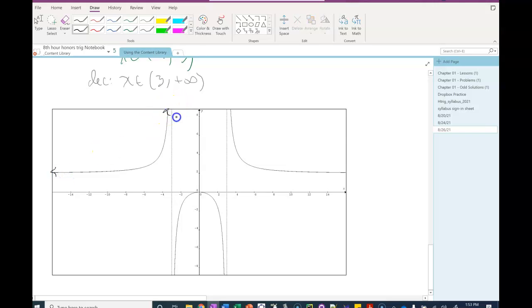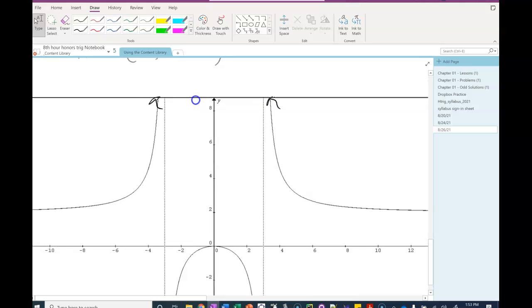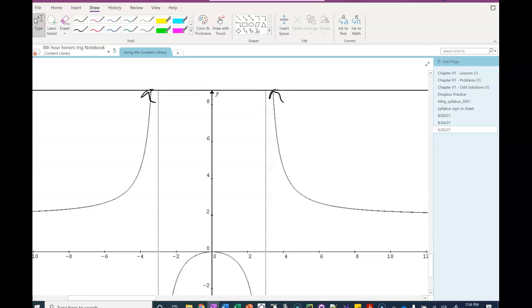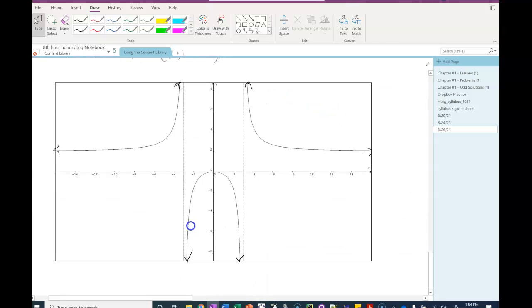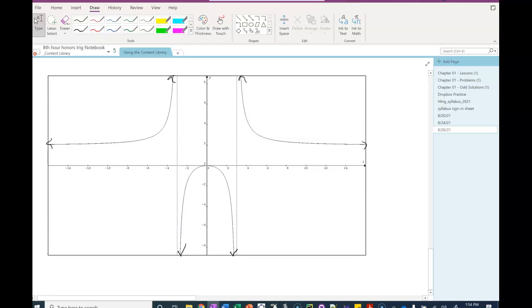So you can put an arrow here and here and here and here and here and here. Those of you in the back, those vertical lines are dotted. Those are asymptotes. On a piece of paper you'd be able to see it, but those vertical lines are asymptotes, in case you couldn't see that.